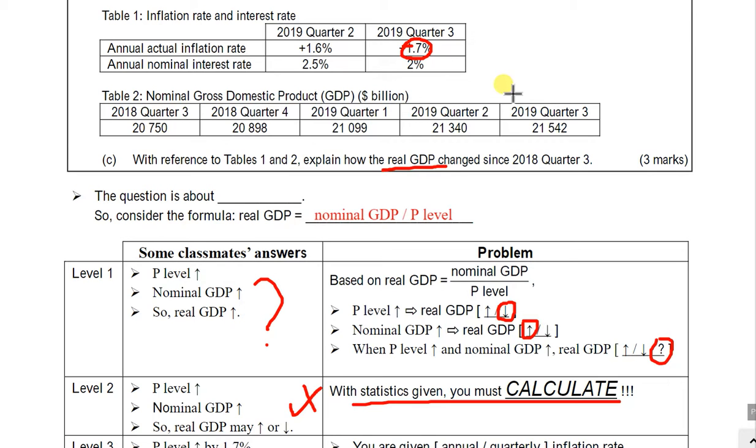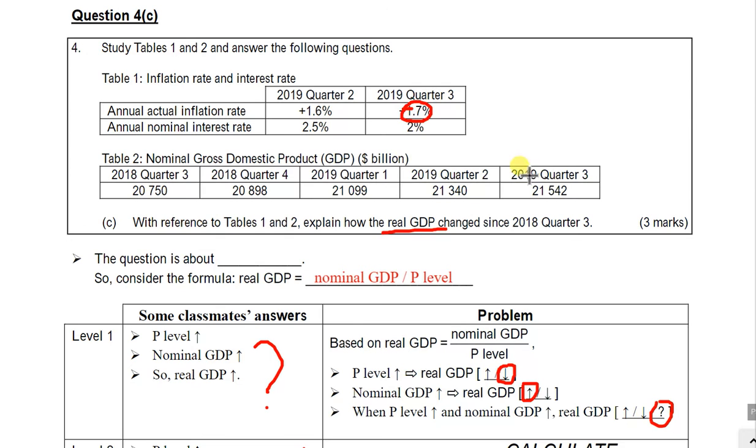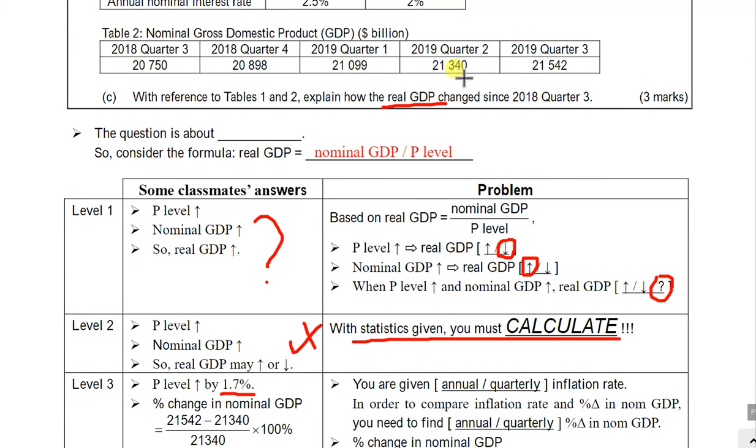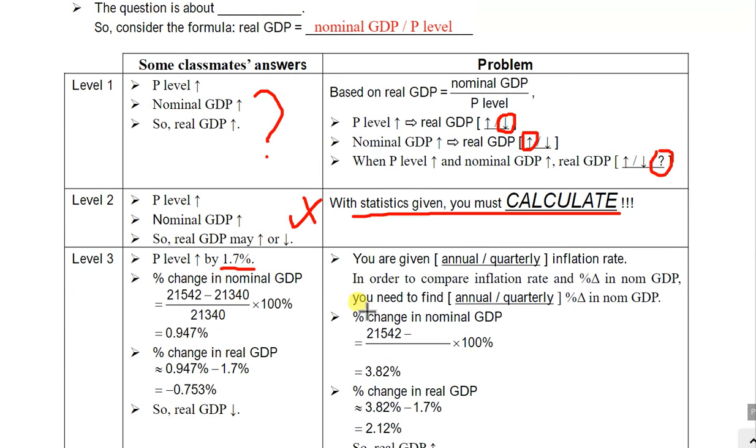So how to calculate the percentage change? 新減舊除舊乘100%。咁條題目最盡就俾到2019 quarter 3啊嘛，咁你新減舊除舊乘100%。Some of you did something like that. You have these two 21,000 something minus 21,000 something divided by 21,340 here. Then you get this percentage change in nominal GDP. This is pretty good. 新減舊除舊乘100%.